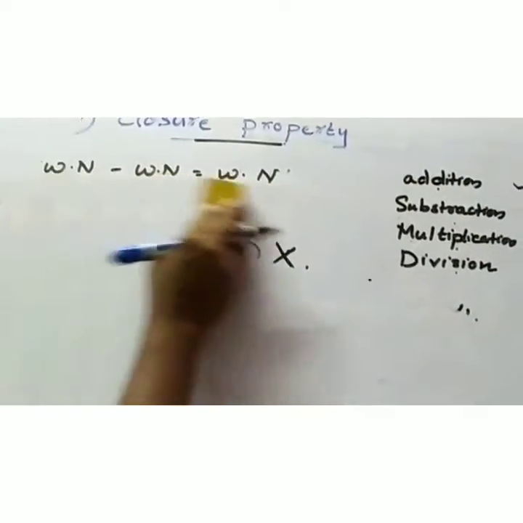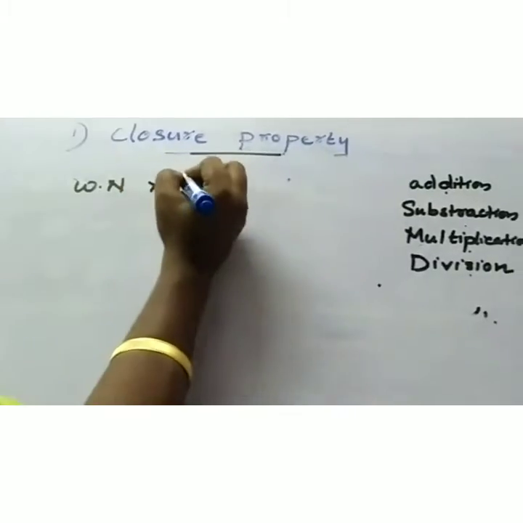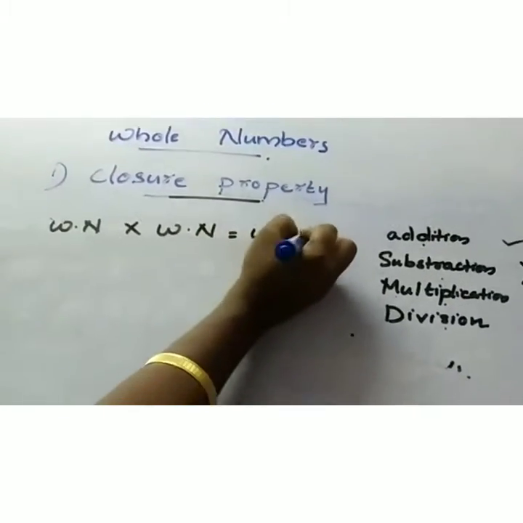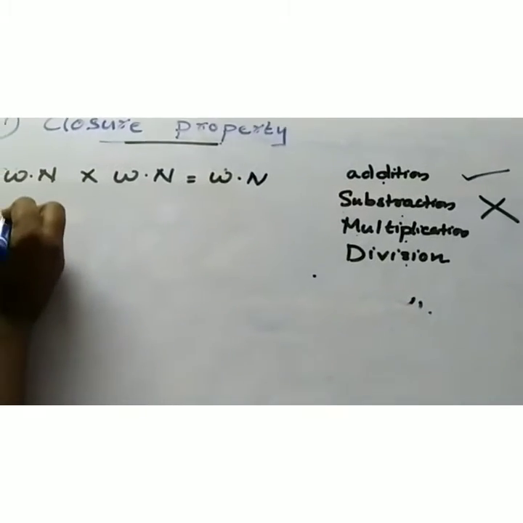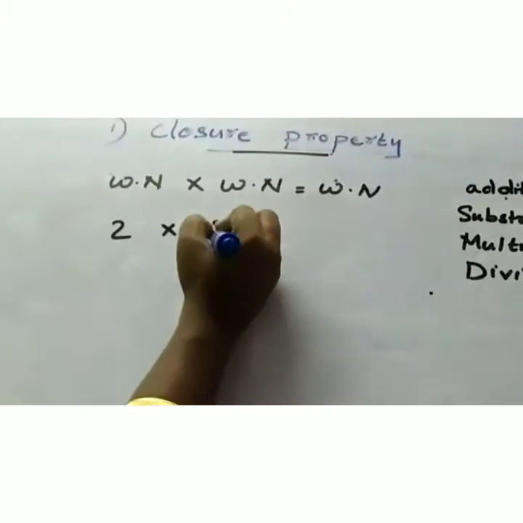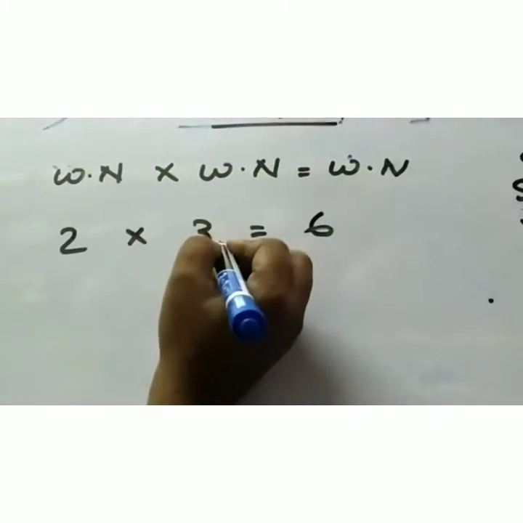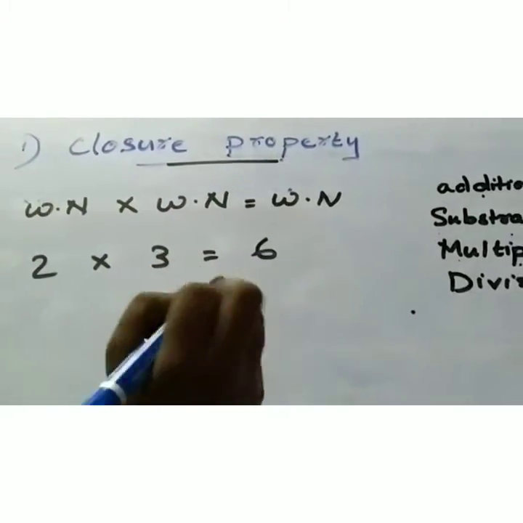The next, whole number into whole number is equal to whole number. Example, 2 into 3 is equal to 6. 2 is a whole number, 3 is a whole number, 6 is a whole number.